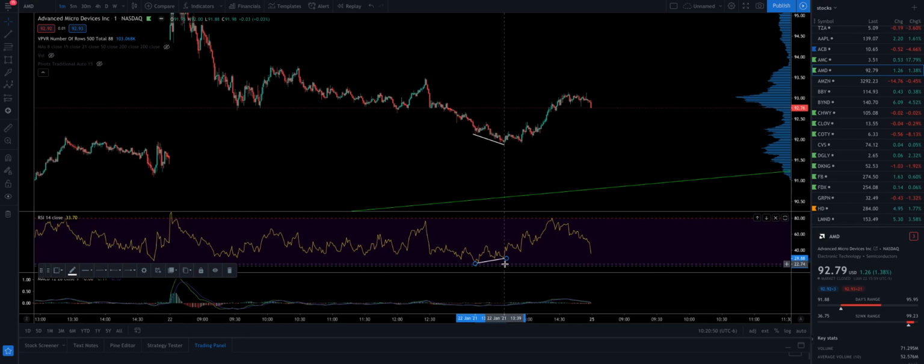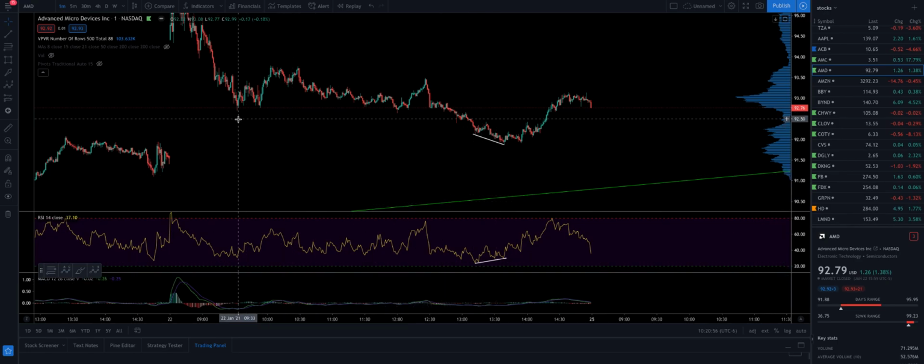RSI came all the way down to 22 basically, almost to my green line here, which is at 20. Other than that, the rest of the day, this was a normal RSI. The low was up, RSI was also up. Middle of the range, not a great entry.